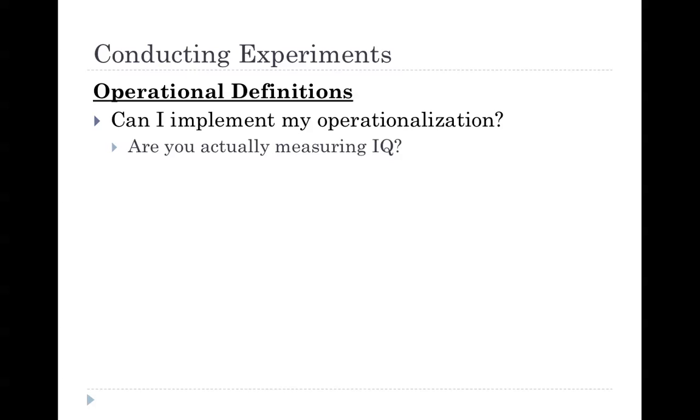Thus, when trying to make an operationalization of a variable, we should really be looking at a theory that has a lot of data to support it, and that this theory itself, that has data to support it, can really drive our operational definitions. So in this case, when measuring IQ, I would really have to look at past research, how the research that supports the idea of IQ operationalizes the construct itself.